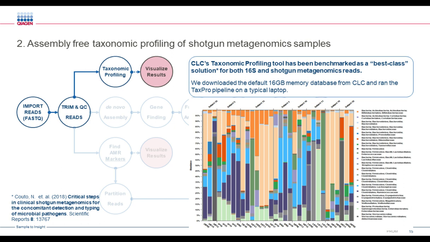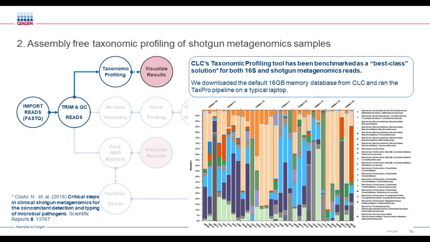We just simply downloaded the default 16 gigabyte memory database from the QIAGEN bioinformatics server through the software, and we ran a very simple 2-step taxonomic profiling pipeline on a typical laptop. And for reference, in case you're wondering, the typical amount of time to do this analysis on my laptop was about 15 to 20 minutes per sample.